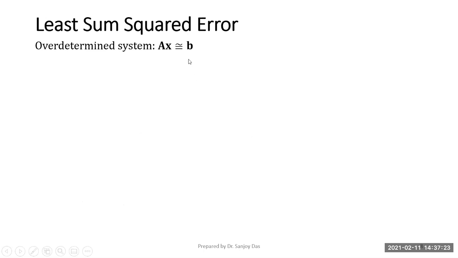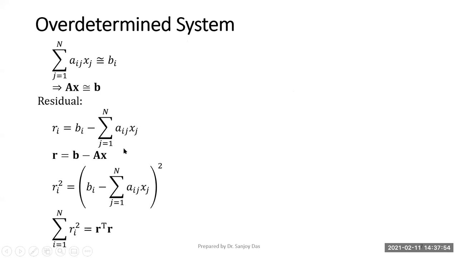Now, here's the overdetermined system again. So far, we haven't formally defined what we mean by this approximate sign here, Ax approximately equal to b. Now here's the residual, r equals b minus Ax. The sum square error, phi of x, is r transpose r, which is equal to summation Ri squared. This residual is also the error, right?